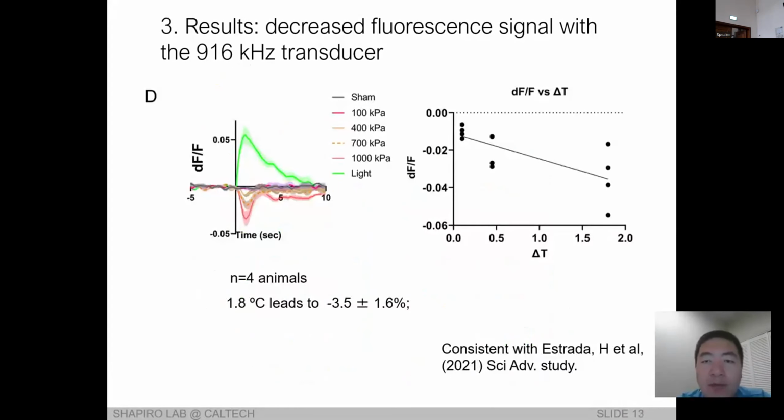After measuring the temperature during the sonication, and especially after comparing our results with Dr. Estrada's amazing ultrasound neuromodulation study published in Science Advances last year, we concluded that we reproduced what had been reported in his study, that the decrease of fluorescence was not due to neuronal inhibition, but was due to the fluorophore thermodependency.